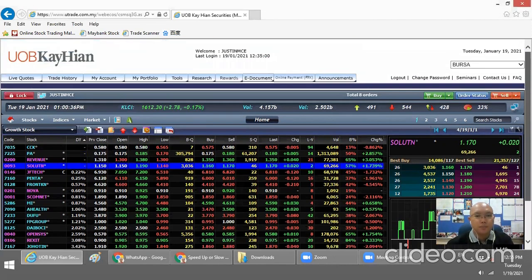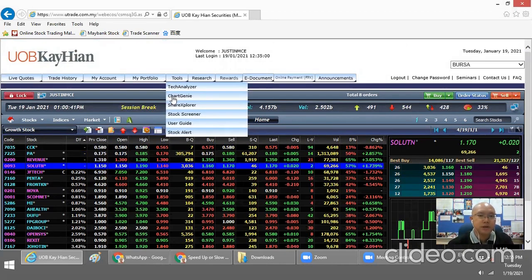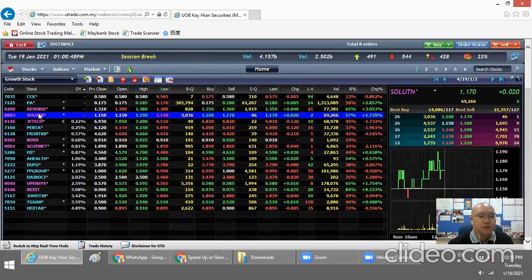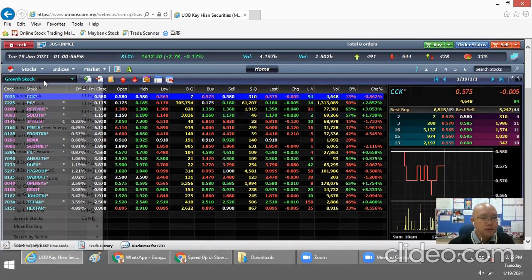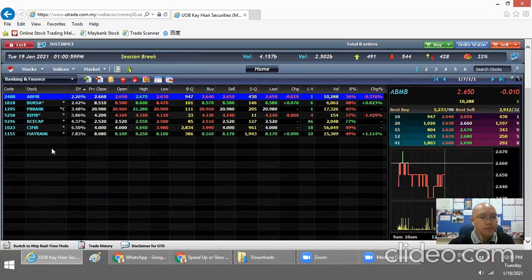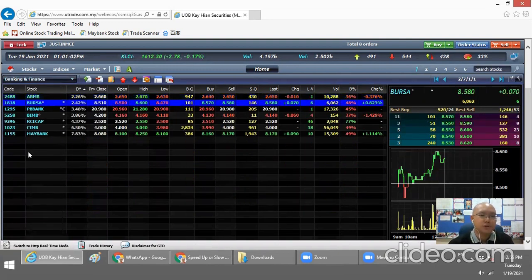Okay, I'm going back to the platform over here. You can see that there's a tool here, Chartgenie, which you can use by searching for the share that you want to buy. To put it into an example, let's say I want to buy Bursa Malaysia.